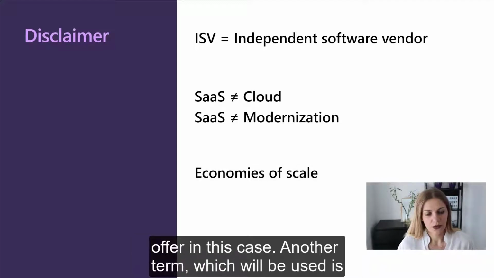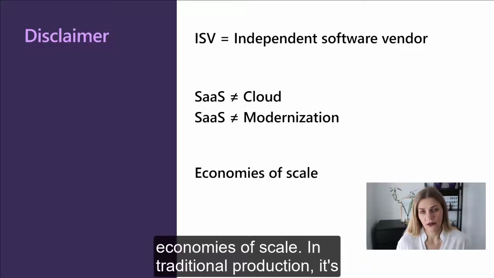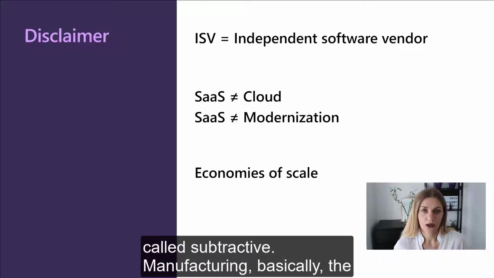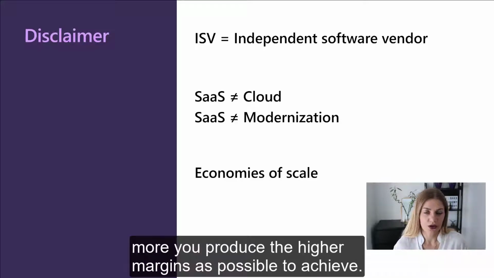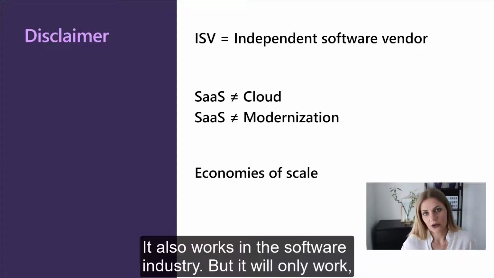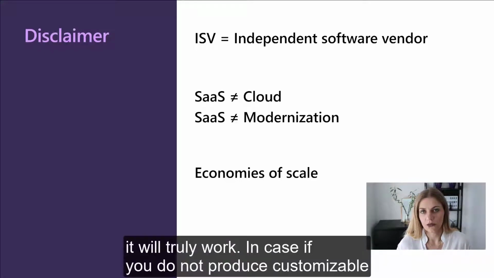Another term which will be used is economies of scale. In traditional production, it's called subtractive manufacturing. Basically, the more you produce, the higher margins it's possible to achieve. It also works in the software industry, but it will truly work only if you do not produce customizable software.